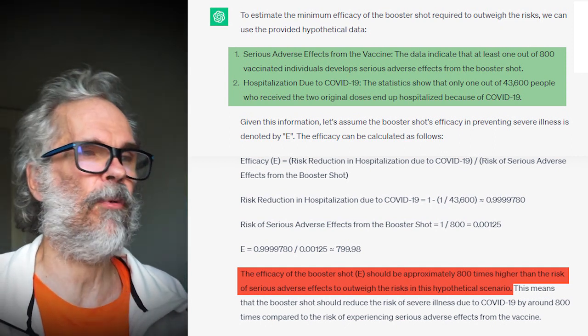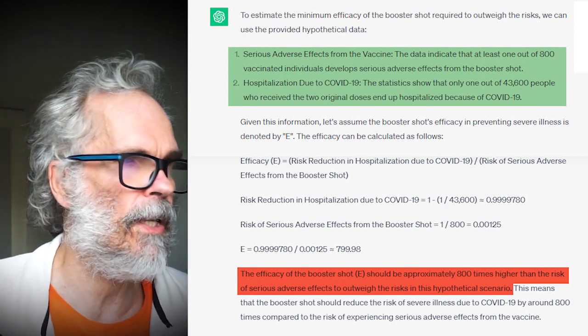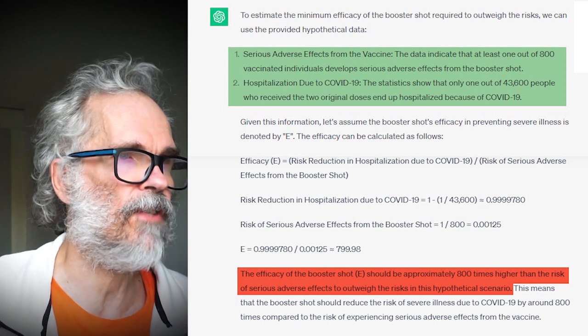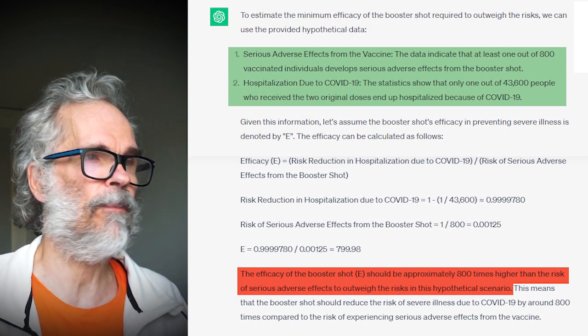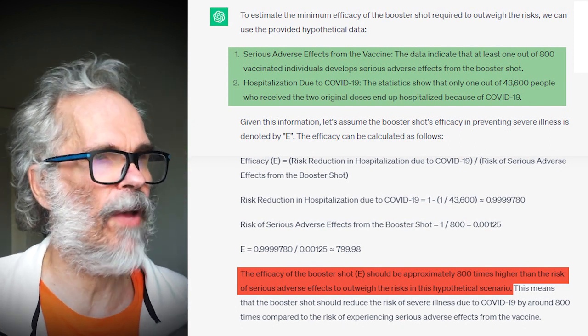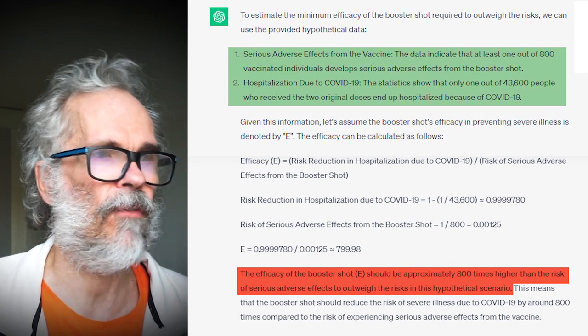For the AI, it is hypothetical because it doesn't have information from 2022 and 2023. This means that the booster shot should reduce the risk of severe illness due to COVID-19 by around 800 times compared to the risk of experiencing serious adverse effects from the vaccine.